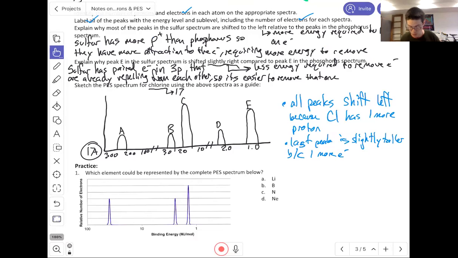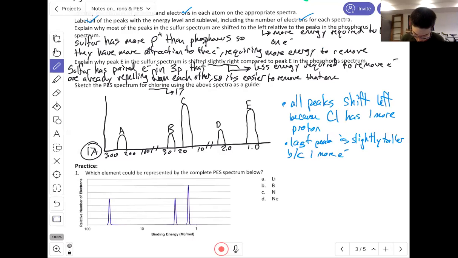So this first one says, which element could be represented by the spectrum below? You will notice on the left-hand side on this axis, there is not an actual marking of numbers telling you the number of electrons, but there are these vertical lines going across to help you compare.